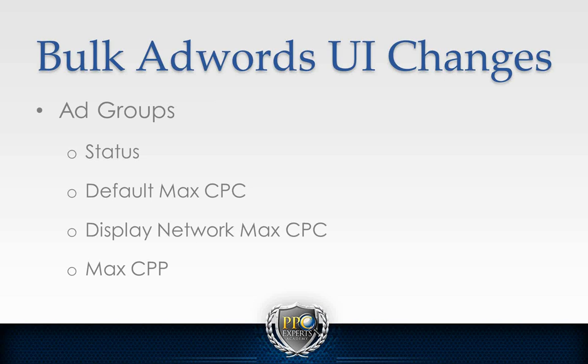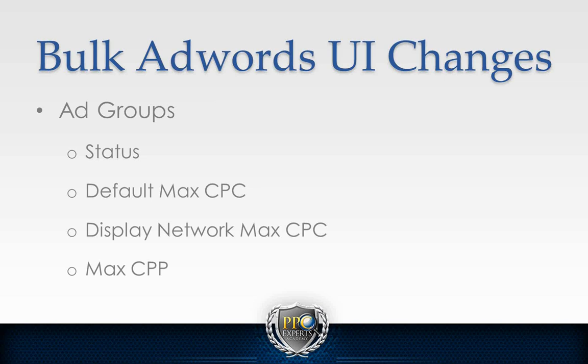Then ad groups. These are all the things that you can change in bulk using the AdWords interface. For ad groups, you can change the status, enabled or paused. You can change the default max cost per click. You can change the display network max cost per click.